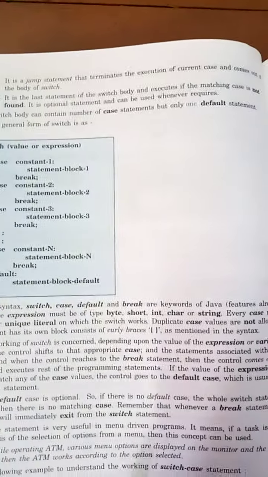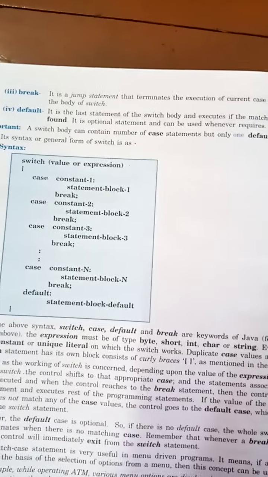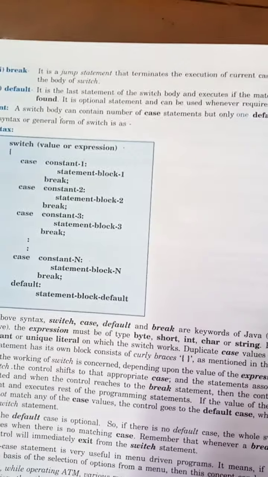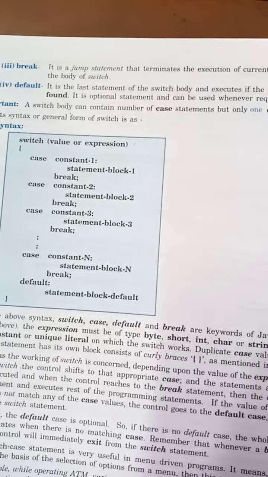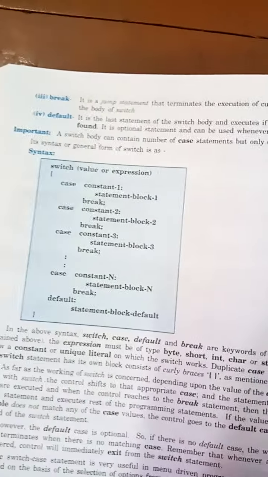So if you have to execute something when no case is matched, then you need to write the default statement. With a switch you can write multiple cases, but there will be only one default in a switch. Now come to the general syntax or general form of switch.